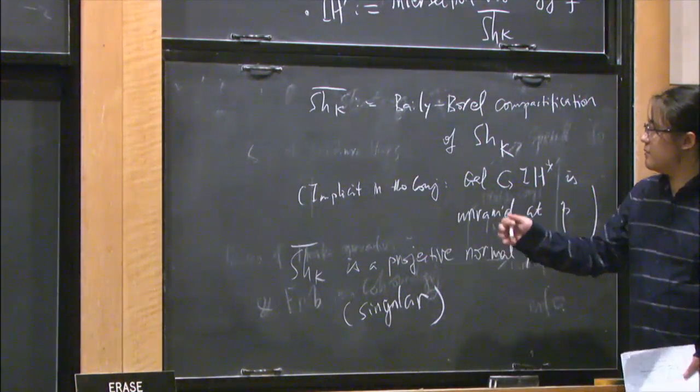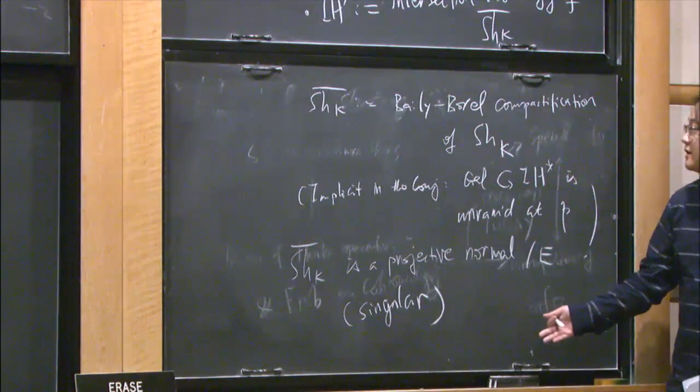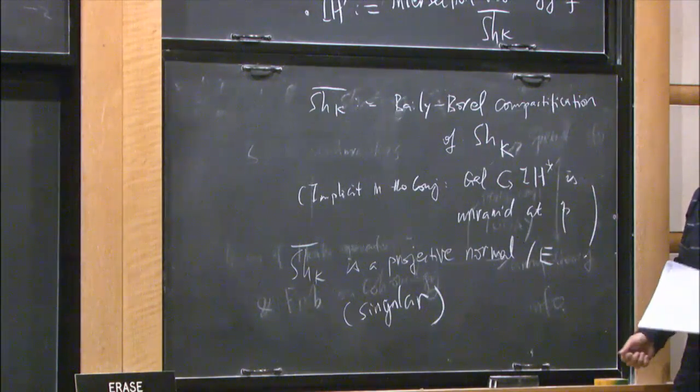So for such singular varieties, it's a good idea to take intersection cohomology.